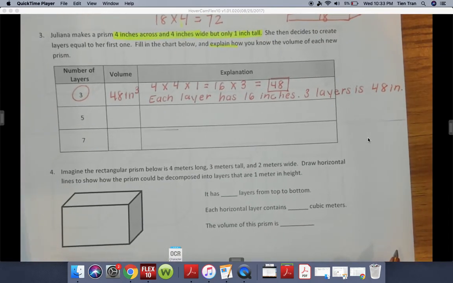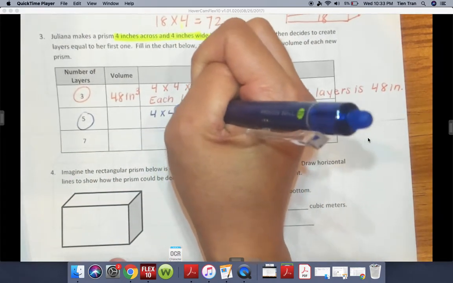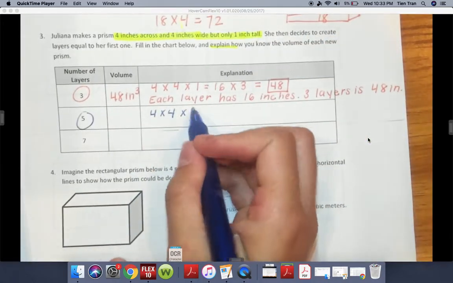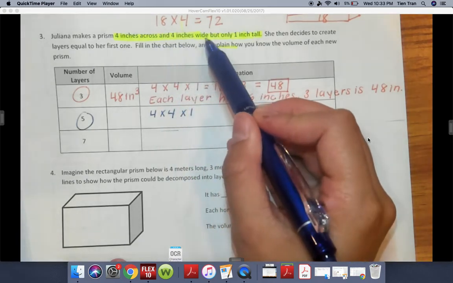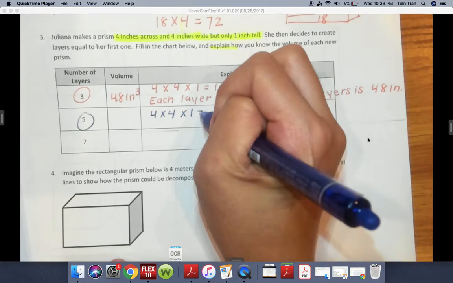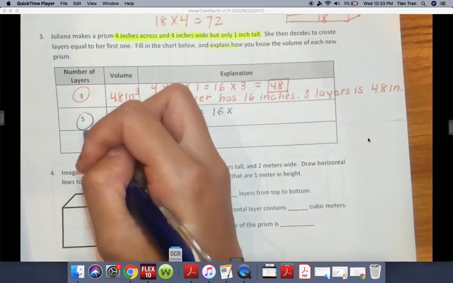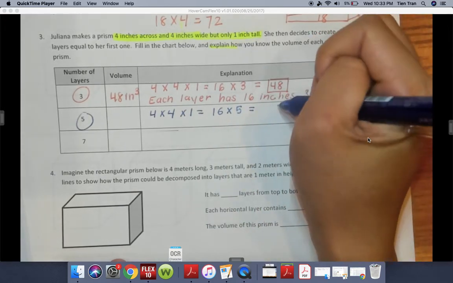For the number of layers 5, I have 4 times 4 times 1. Where does this number come from? It comes from the top, 4 inches across and 4 inches wide, but only 1 inch tall, which is equal to 16. I'm multiplying it times 5. 16 times 5 is going to give me 80.